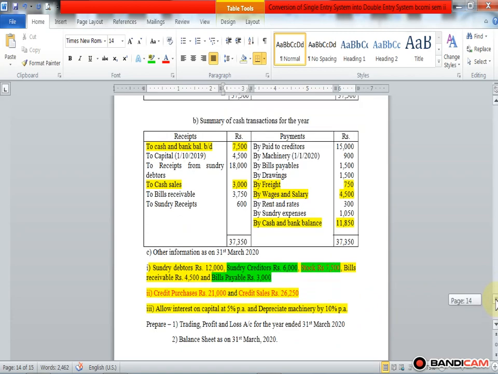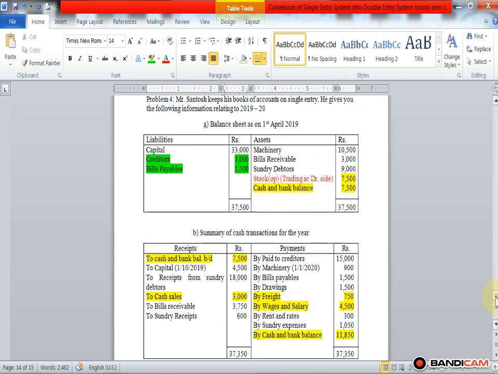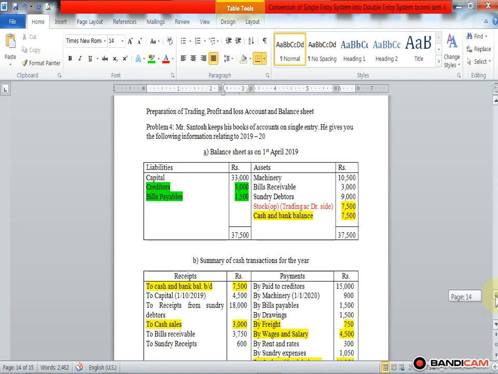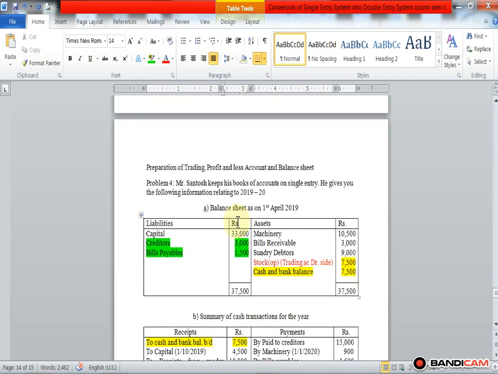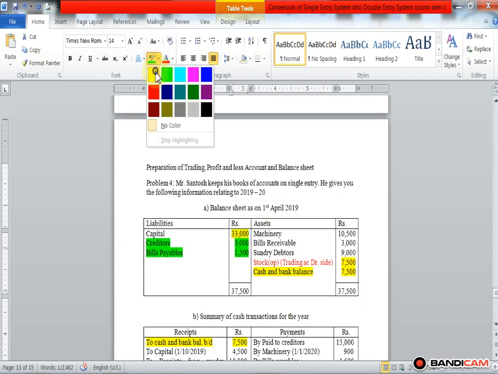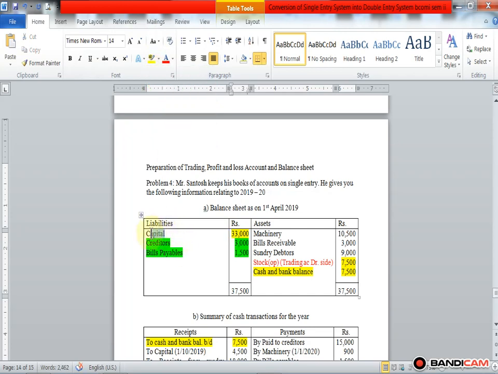First of all transfer all the items to respective accounts, then we prepare a working note to compute the interest on capital. So here we transfer capital, and the closing balances of creditors and bills payable are transferred.